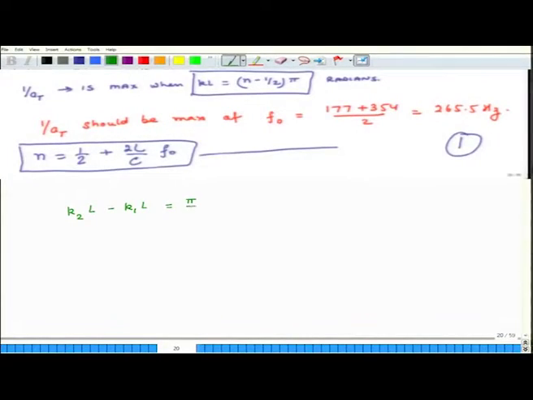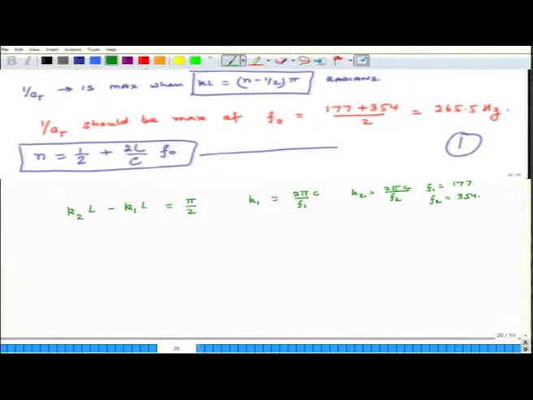So, this is equal to pi by 2 radians, where k1 is equal to 2 pi f1 over c and k2 equals 2 pi f2 over c, where f1 equals 177 and f2 equals 354 hertz. Okay. So, if I plug in, this is 2 pi f, and of course, there is a c also there.